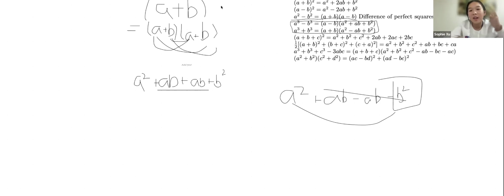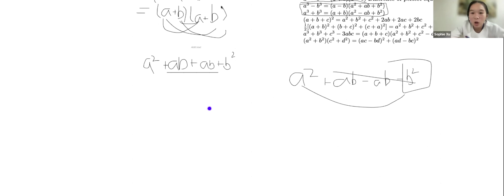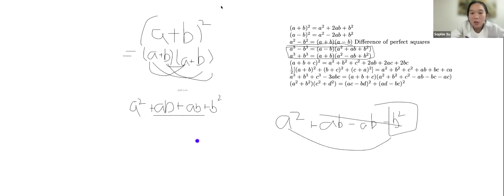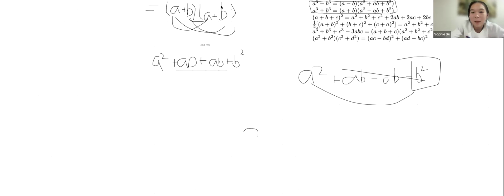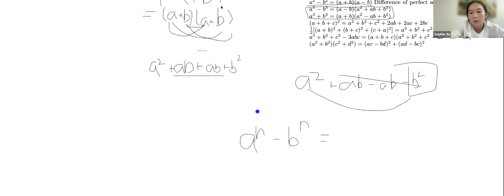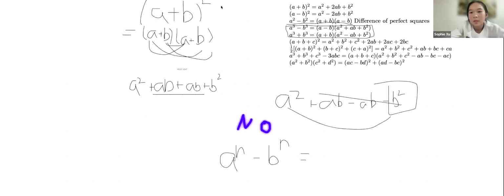I'm going to generalize some of these. I'm going to generalize the top one, which is a cubed minus b cubed, into a to the power of n minus b to the power of n. Does anyone actually know what this is? Do you have any idea?